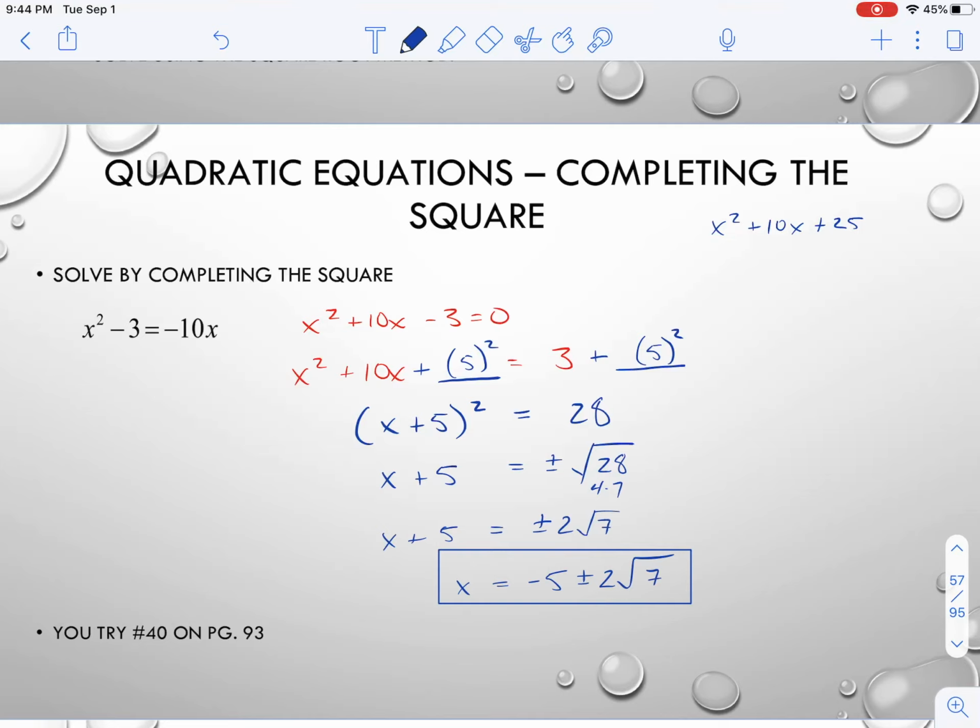You can use the calculator to verify that you get the same decimal approximation, or graph it to see if the intercepts are the same as what these decimals tell you. But if I ask for an exact solution, I'm looking for you to leave it in that radical form, because I can't simplify the square root of 7.